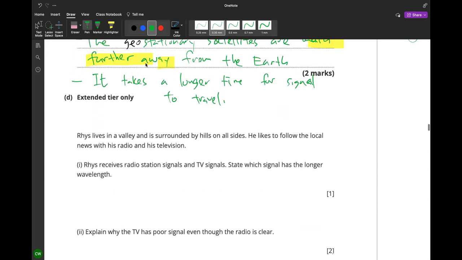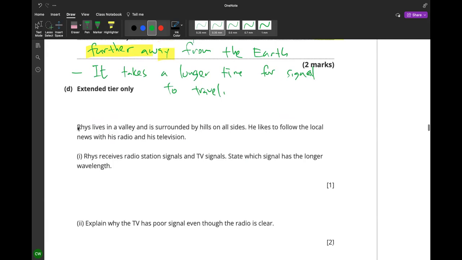That's the last one. Rice. Is it called rice? Rice lives in the valley. That means there's a mountain. That means he lives here. He follows local news. Receive a signal, radio station. Which signal has a longer wavelength?